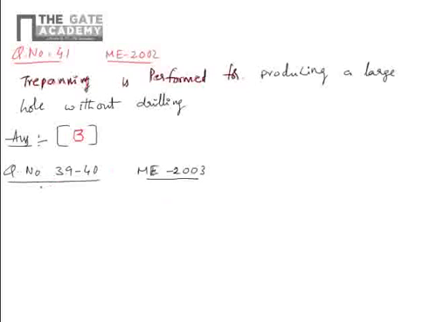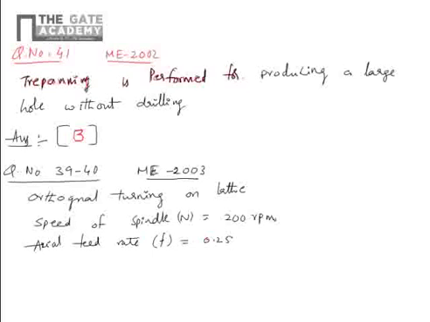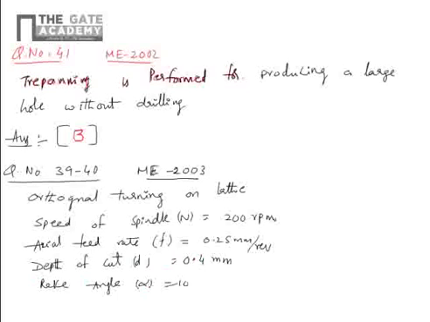So the data given is: orthogonal turning on a lathe, spindle speed n equal to 200 rpm, axial feed rate f equal to 0.25 mm per revolution, depth of cut 0.4 mm, rake angle alpha equal to 10 degrees.